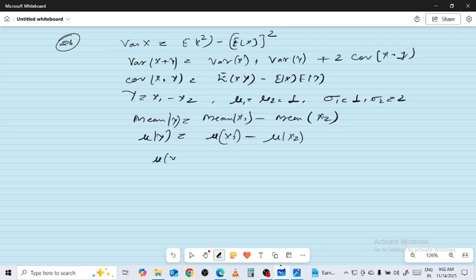So the mean of y is 1 minus 1, which is equal to 0.